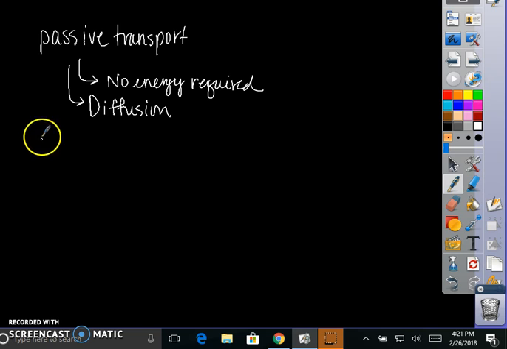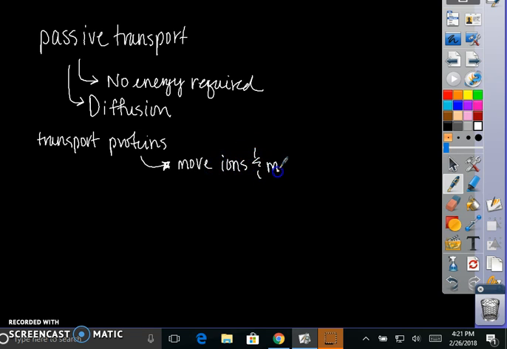There are transport proteins. So look at your model. Transport proteins act as channels to open up and allow things to move in. And the things that move are ions and molecules.